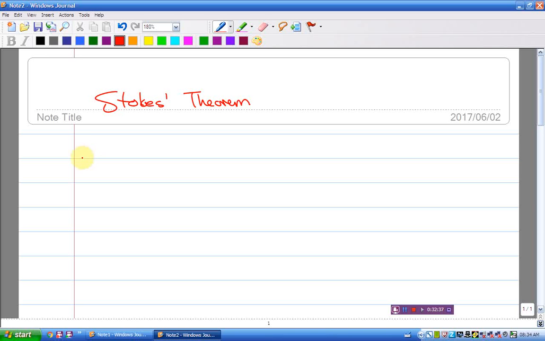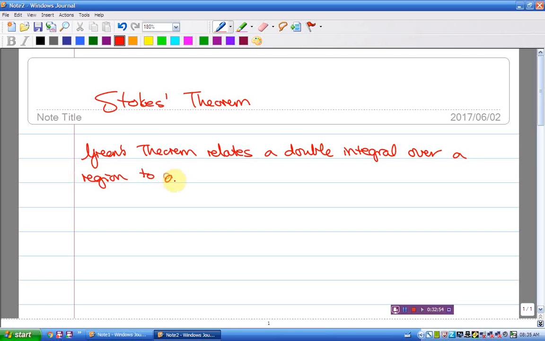Okay, so Green's theorem relates a double integral over a region to a line integral along the region's boundary.